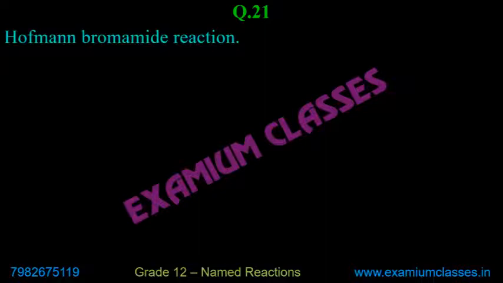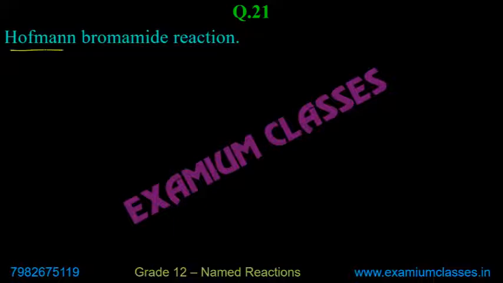When it is reacted with bromine and sodium hydroxide, in a few cases potassium hydroxide, but prefer sodium hydroxide, then primary amine is formed. Remember all these things. Tanishka and Avnish have given the correct answer. Good.